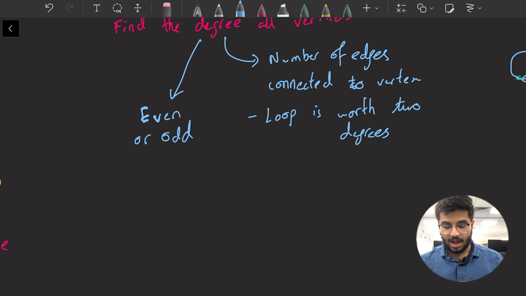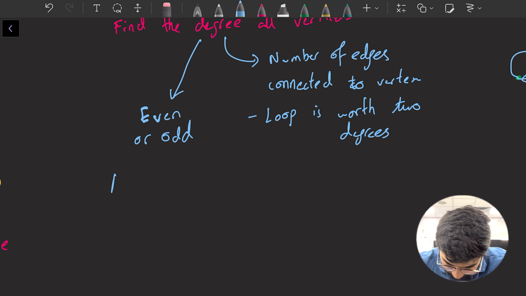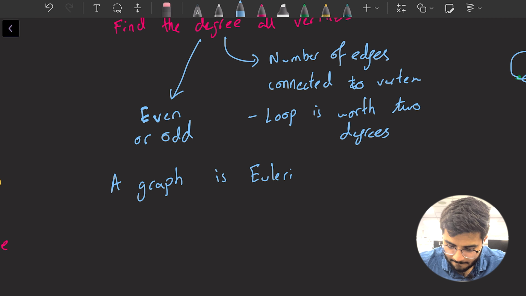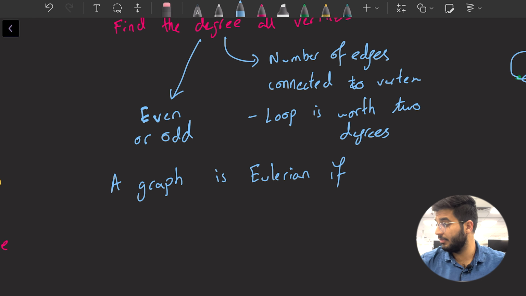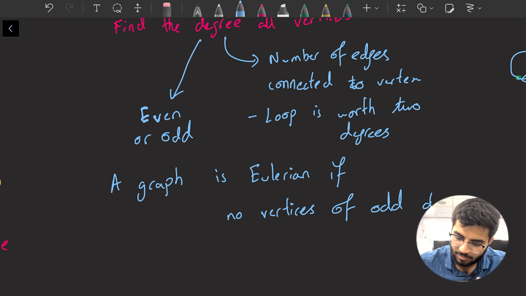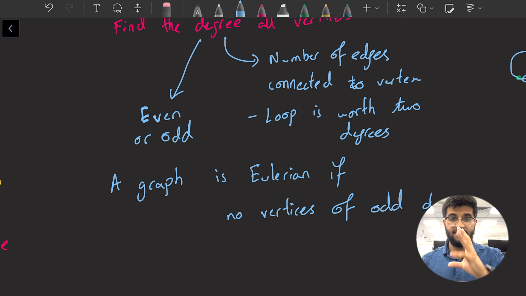Now, here's the big stuff. A graph is Eulerian if and only if there are no vertices of odd degree. So all vertices have an even degree.